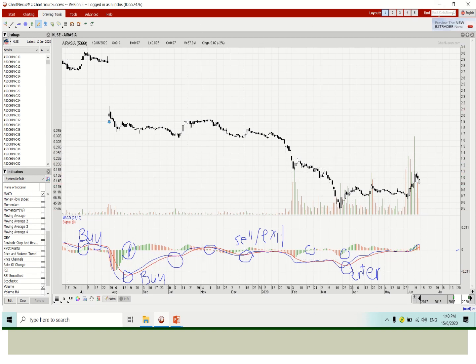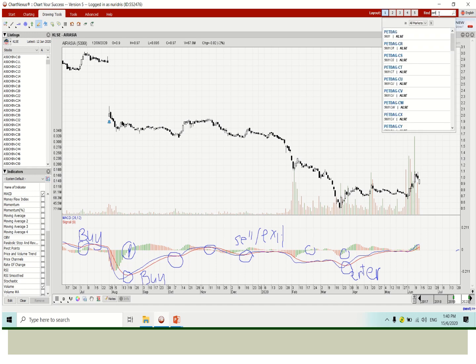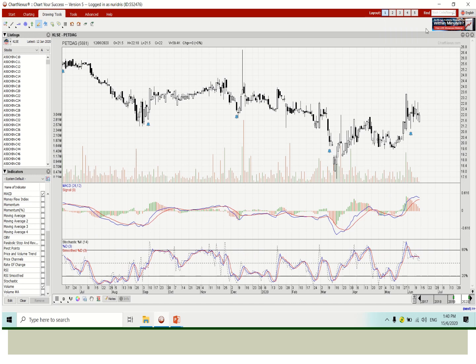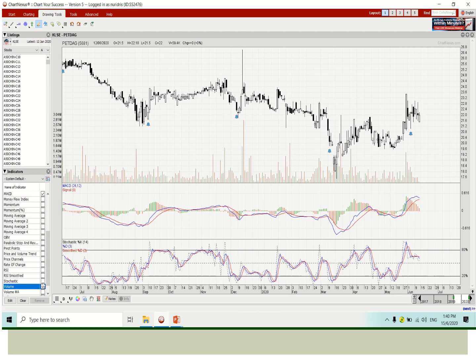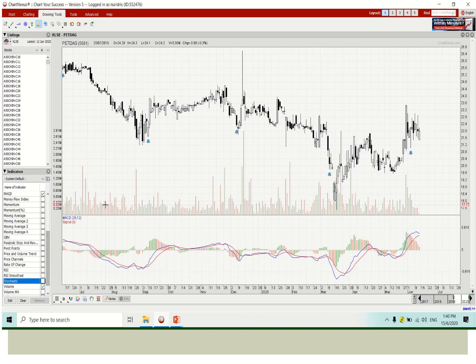I will give you another example for Petronas. We are looking at the MACD. Again, we have two lines here and also a histogram.